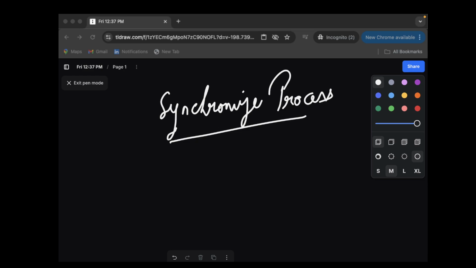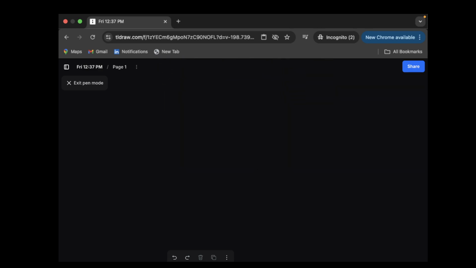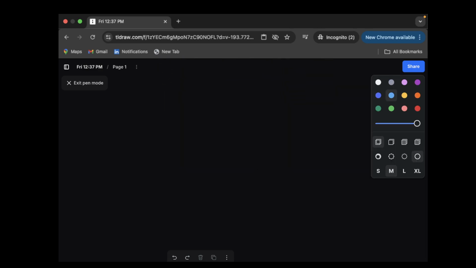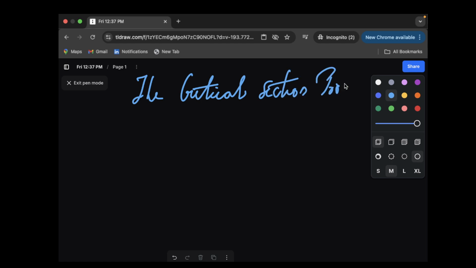So now, let's try to understand the critical section problem. We begin our consideration of process synchronization by discussing the so-called critical section problem.